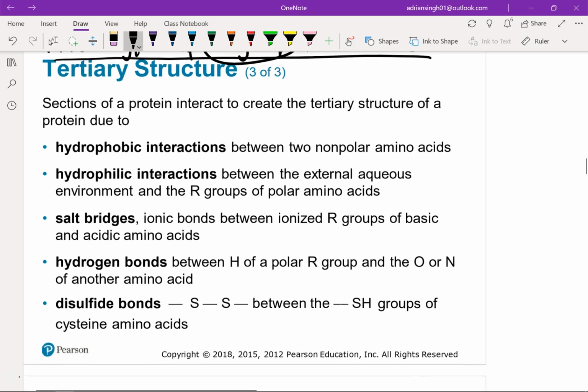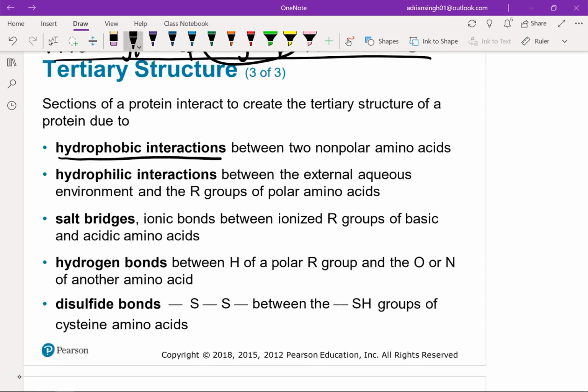The first one is known as a hydrophobic interaction. The term hydrophobic means water hating, and by extension that would mean these R groups would be non-polar R groups.